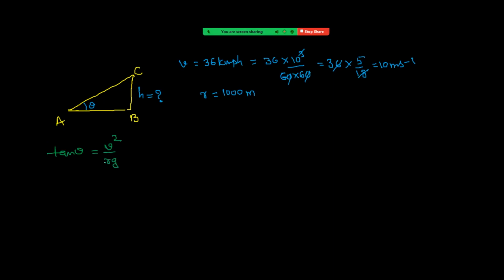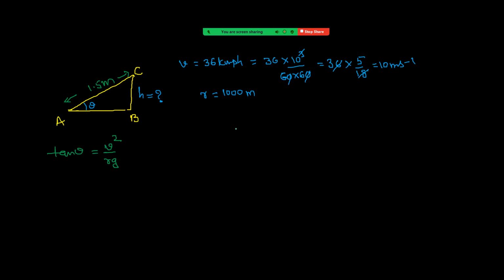Tan means opposite by adjacent side, right? But here we are given the width of the road, that is 1.5 meter. This is the width of the road, right? Then see what we can do here.